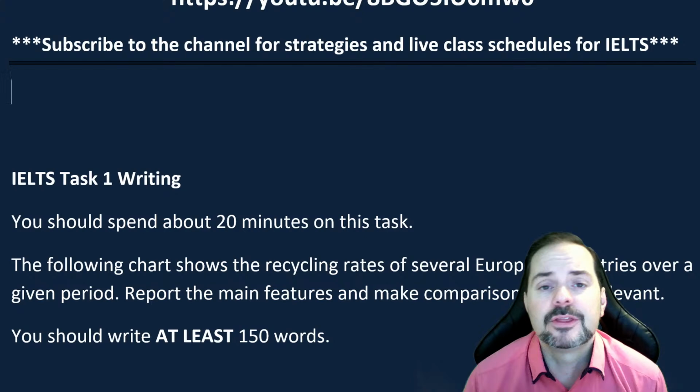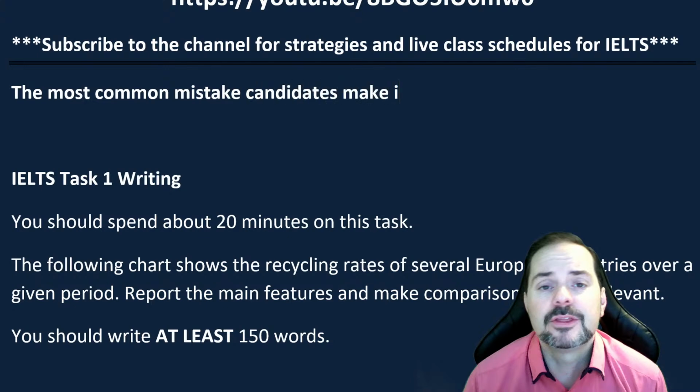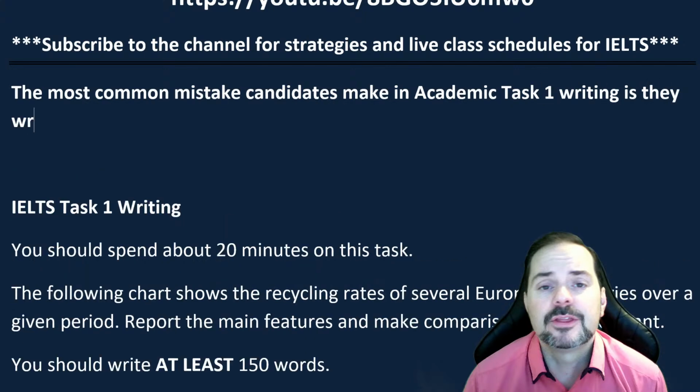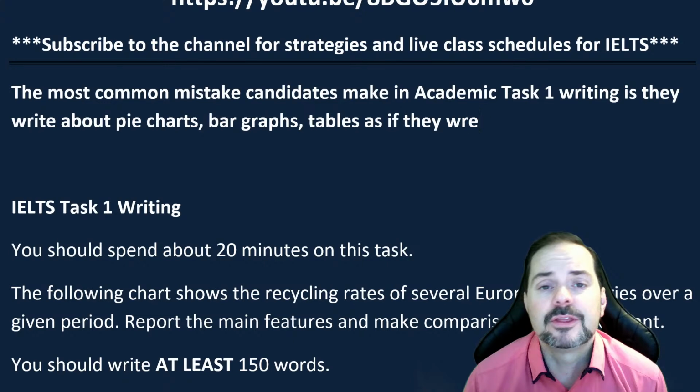The most common mistake candidates make in academic Task 1 writing is they write about pie charts, bar graphs, tables, as if they were looking at a line graph, which is wrong.